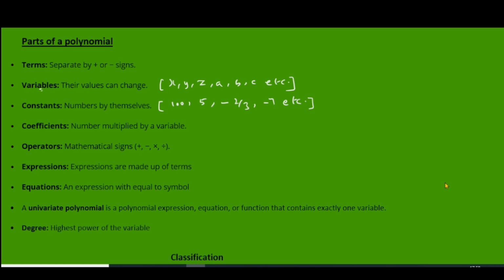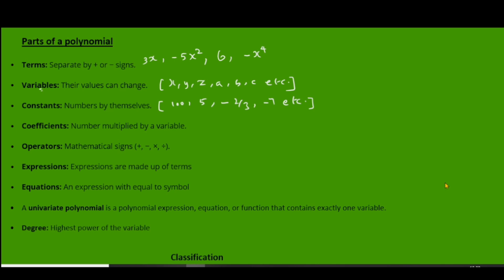Okay, then terms. The terms are separated by commas. A term means a number multiplied with a variable, like 3x. This one is a term. Then 5x squared is a term, and simply a number is a term. Minus x power 4, like that. A number multiplied with a variable, or simply a number, these are called terms.